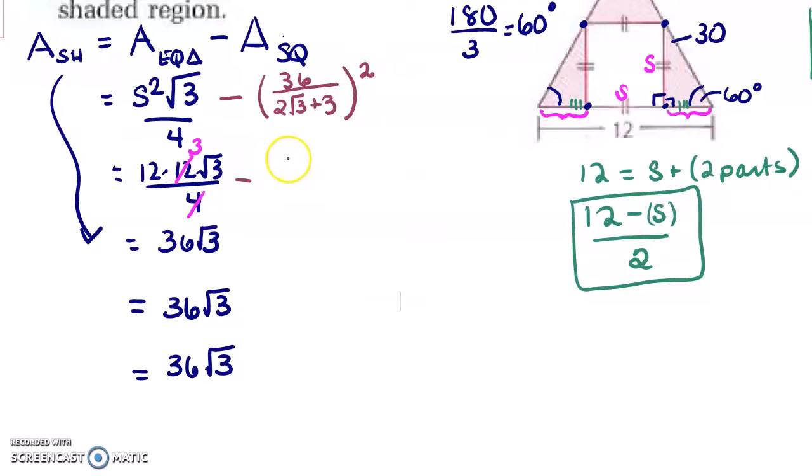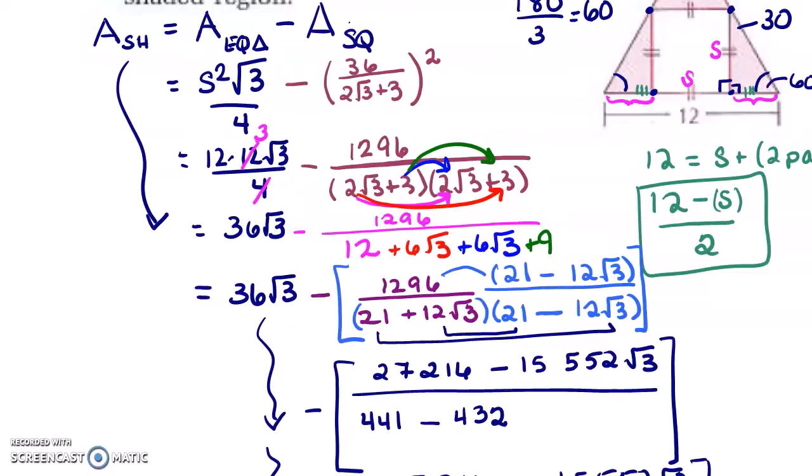So 36 squared is 1296. Then the video maker stopped on me, so I'm going to try to walk you through what I did. We have to square the side, which means we have to FOIL the binomial that's in the denominator.